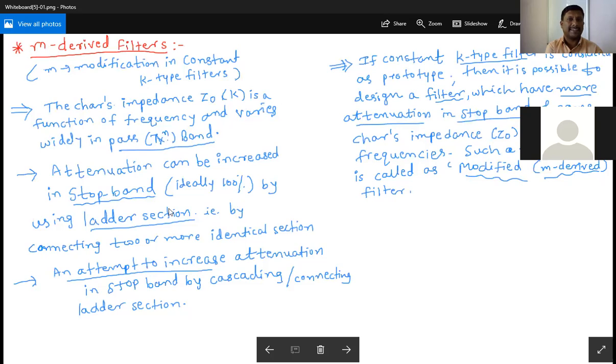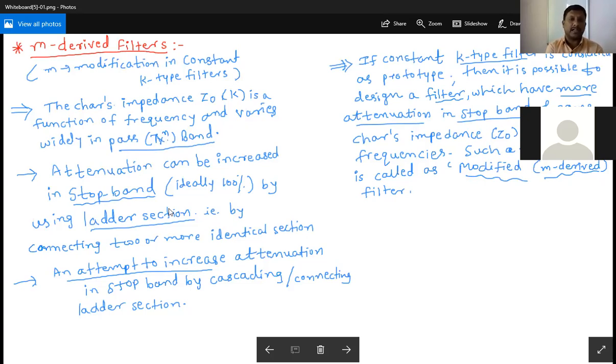We are getting low attenuation in the case of stop band. So to increase it up to 100%, we are making it really equal to an ideal filter. For that, how to increase the attenuation in the stop band? By adding the ladder section in the T section or pi section.